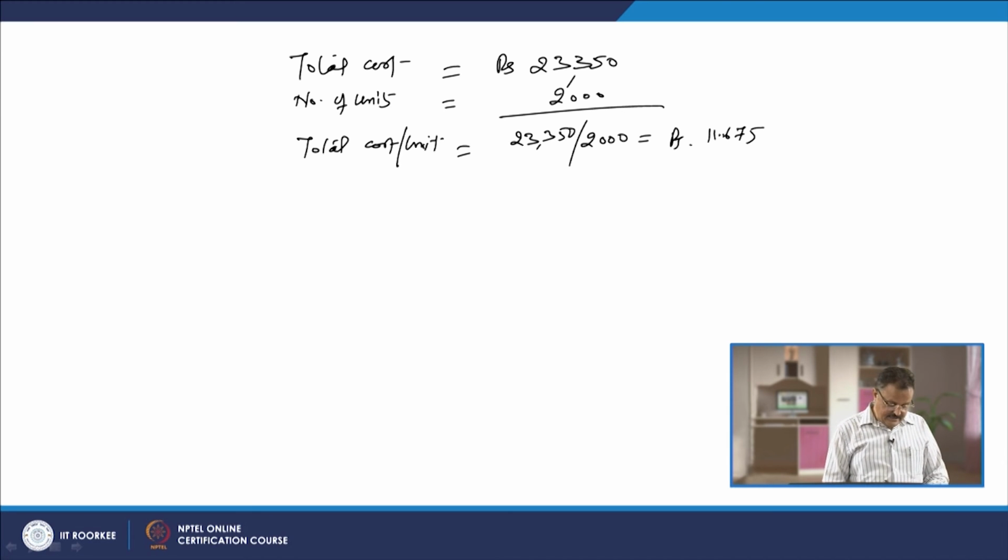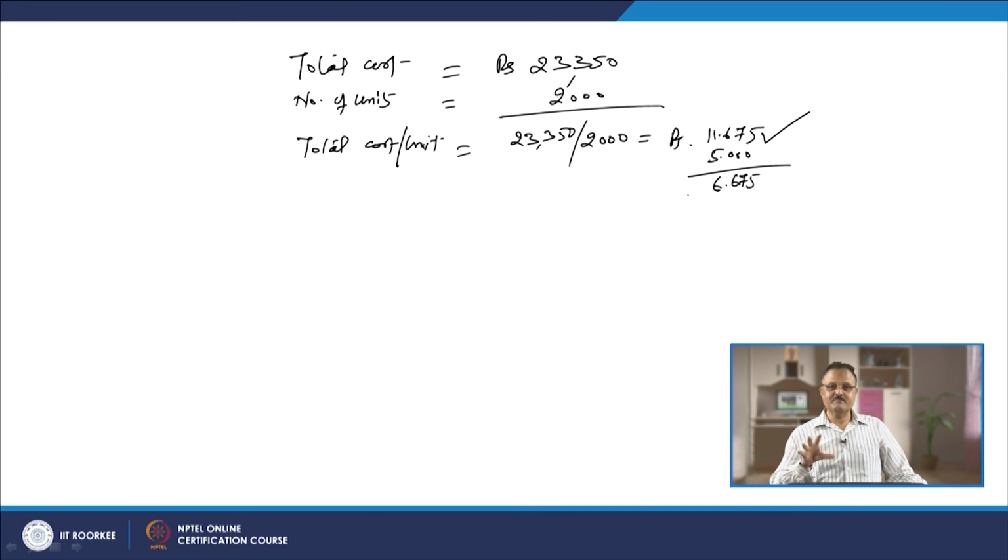This cost is 11.675. So, this is the actual cost, right? What was the cost as per the total costing system? If you go by the total costing system or the absorption costing system, the cost was 5 rupees, right? How much is the difference in the cost? 6.675.